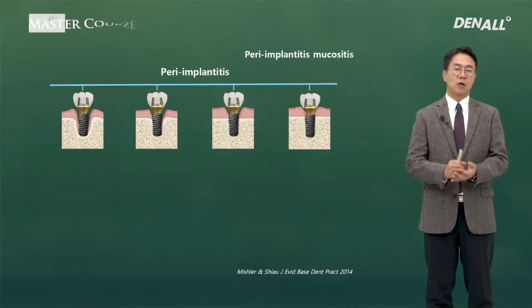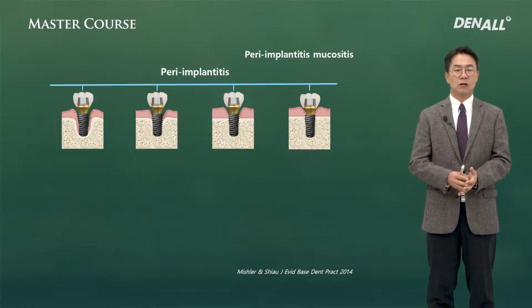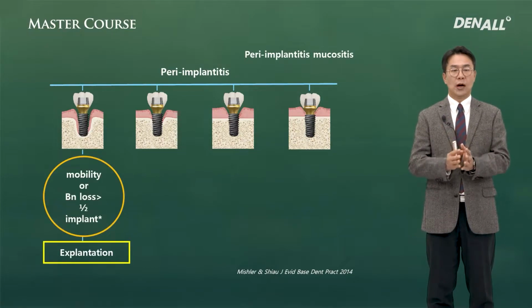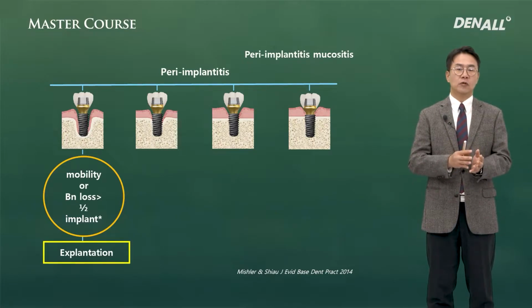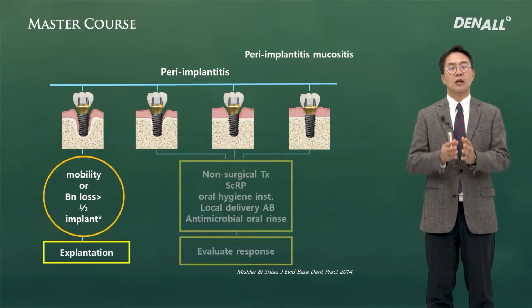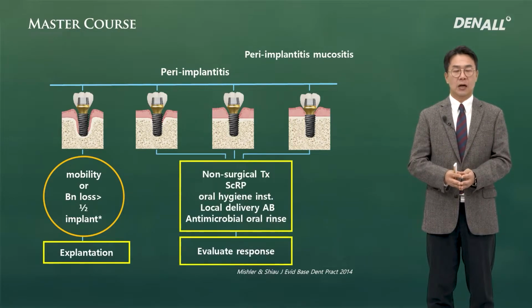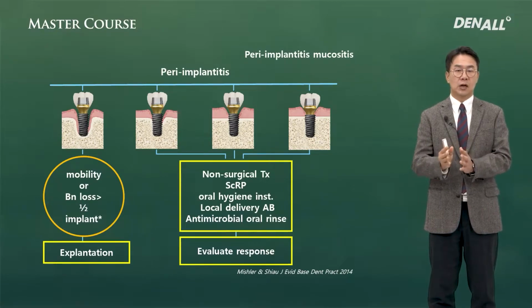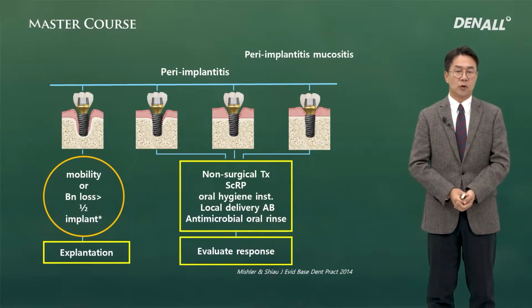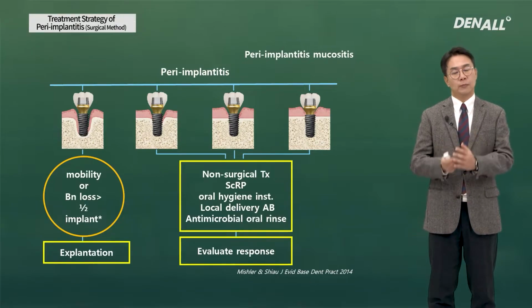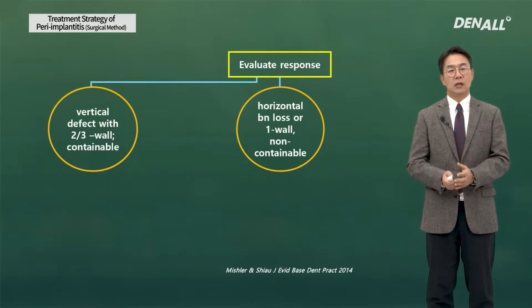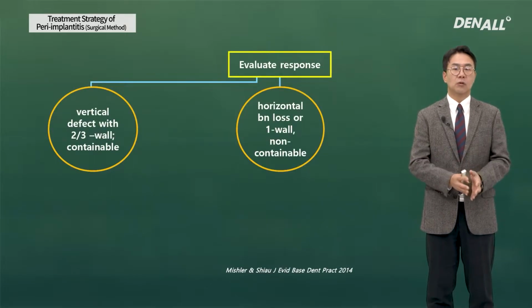Another category is mobility, as shown. Mobility is most important. Absence or presence of mobility is very important. If there's no mobility, you can do gradual treatment. In order to make smart decisions, you can choose a non-surgical method first to check the response. If the response is good, then that is ideal.